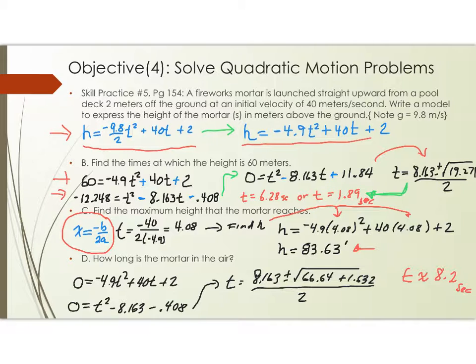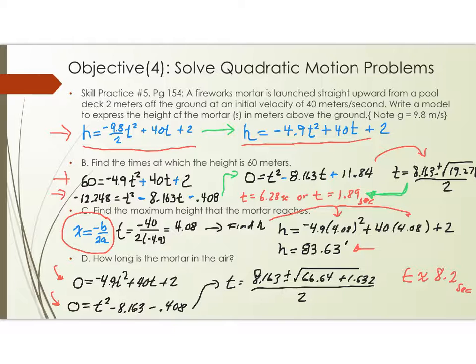How long is the mortar in the air? Well, the height has to be 0 when it's no longer in the air. So there it is. We set this equation equal to 0. We divide through by negative 4.9 and we get 0 is equal to t squared minus 8.163t minus 0.408.